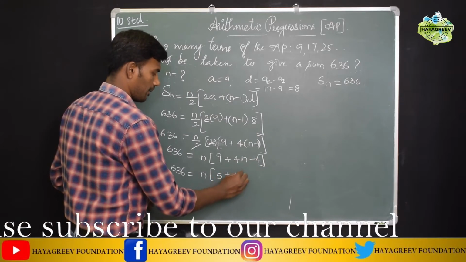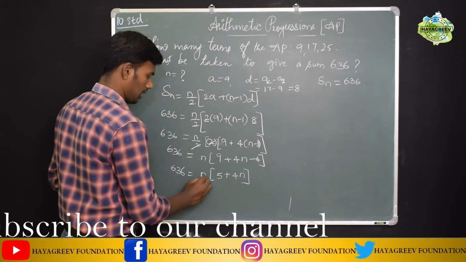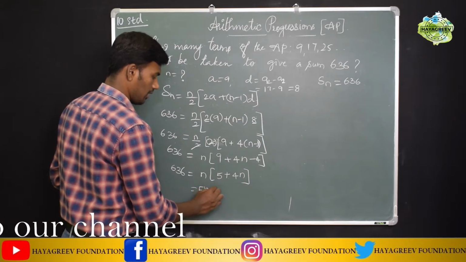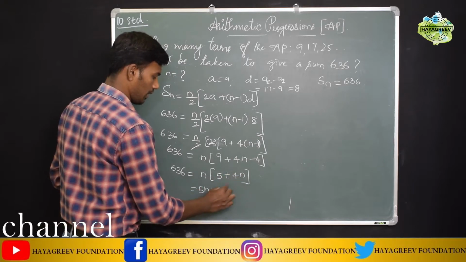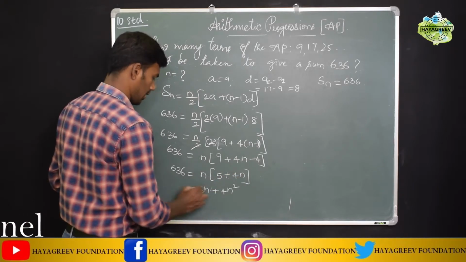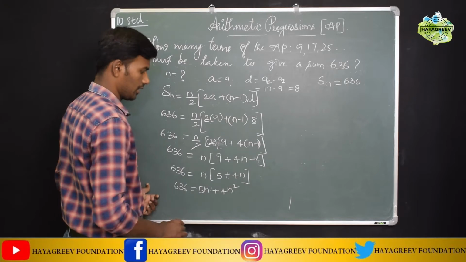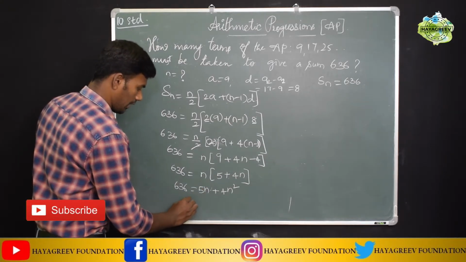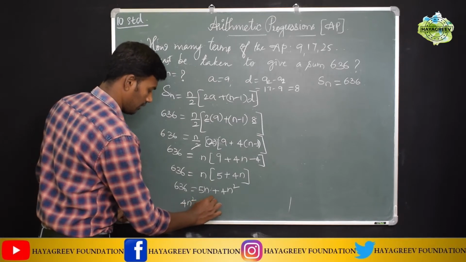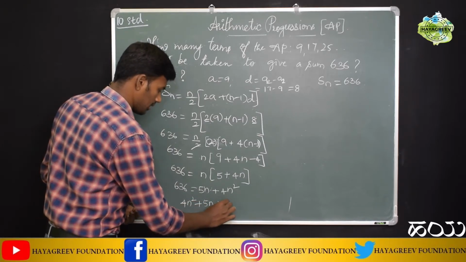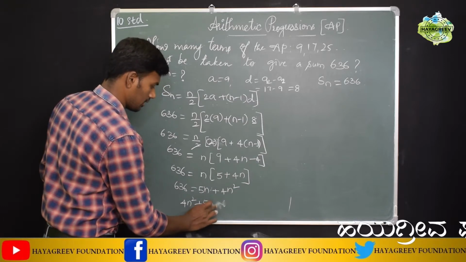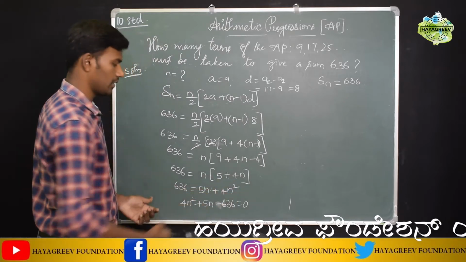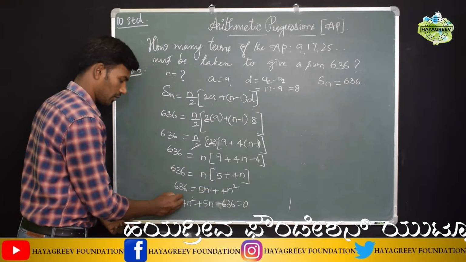Multiplying inside, n into 5 is 5n plus 4n into n is 4n square, equal to 636. If you write, this equation will be 4n square plus 5n minus 636 is equal to 0, because 636 comes to that side.